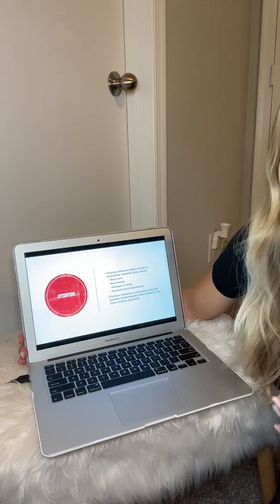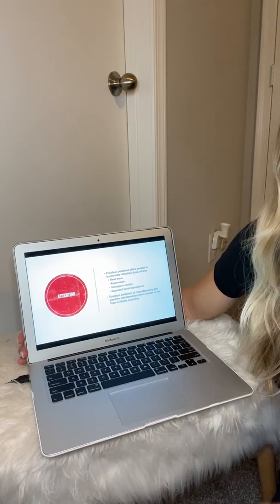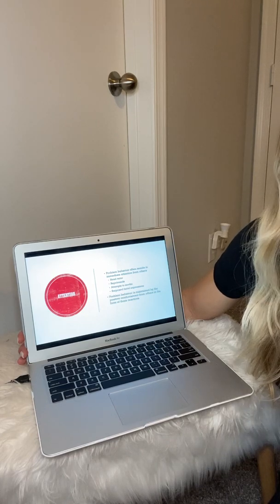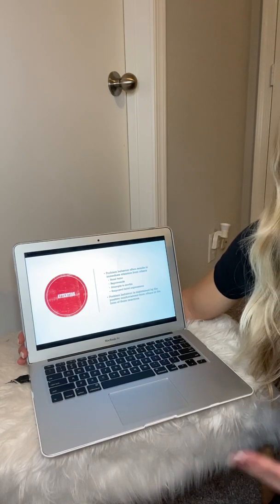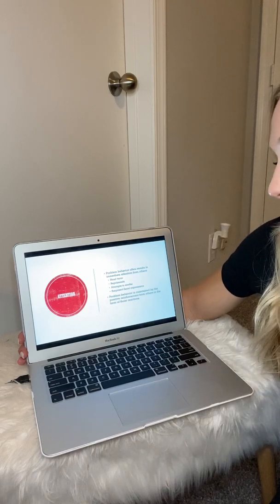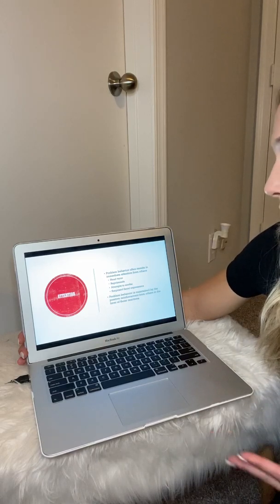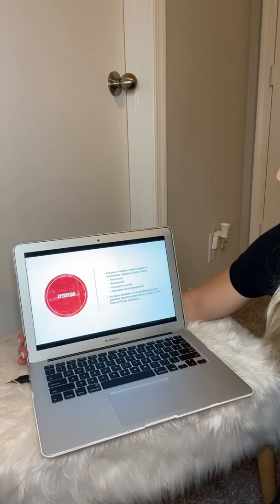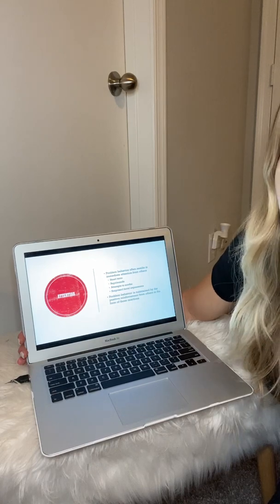Little do you know that attention that you provided to Johnny when he hit his brother might maintain the behavior and then increase that behavior to occur again in the future. And so here we have the problem behavior is maintained by the positive reinforcement from others in the form of those reactions.